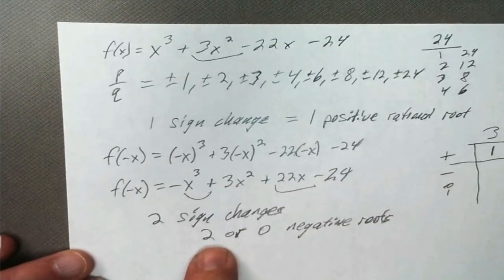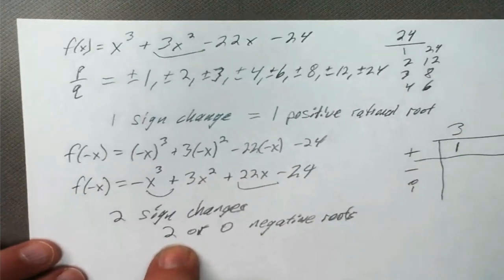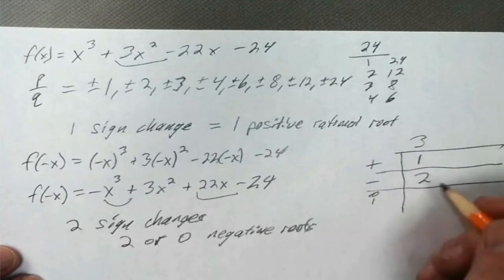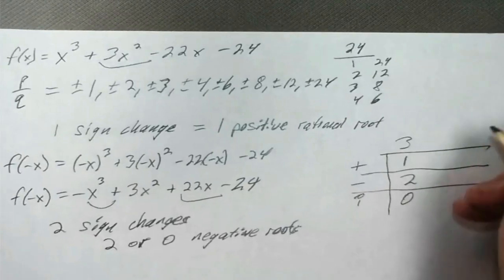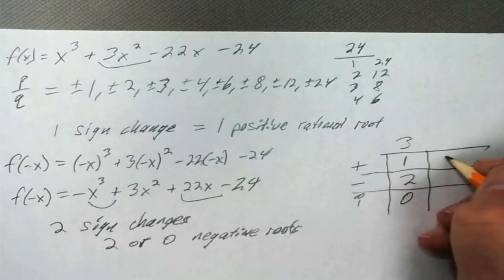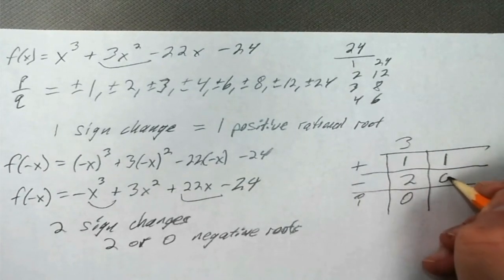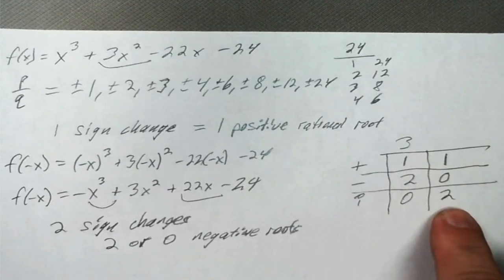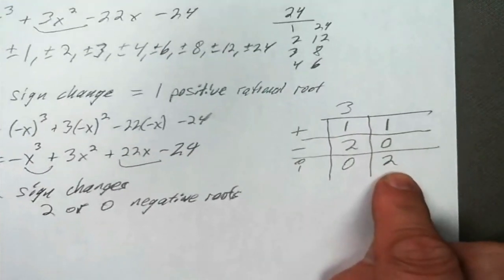Remember, anytime there's 2 or more, you've got to subtract 2. So that means there could be 2 negative, and there'd be no imaginary roots. Or the other possibility is there's one positive, none of them are negative, and 2 of them are imaginary. So we know it's one case or the other.